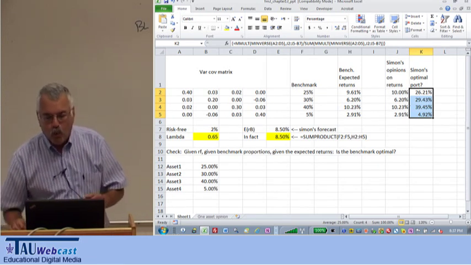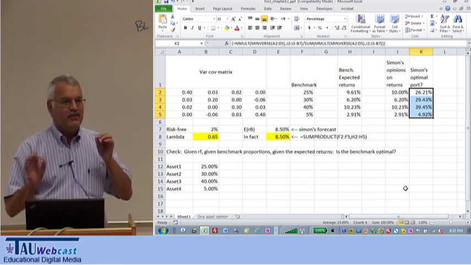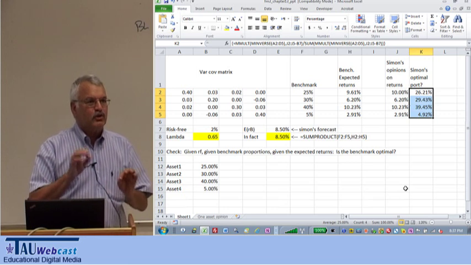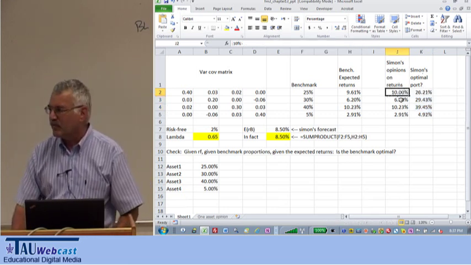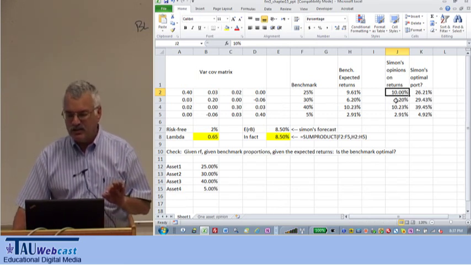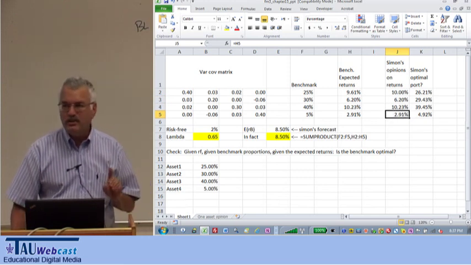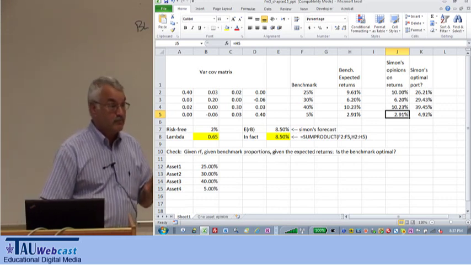So what I showed you, why is that wrong? The answer is that if you have an opinion about asset 1, you must also have an opinion about assets 2, 3, and 4. And the reason is that there's covariance.